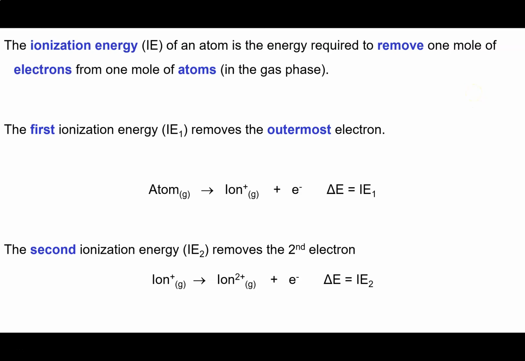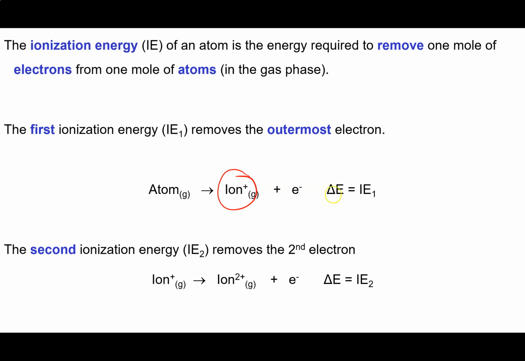And so the ionization energy of an atom is the energy required to remove a mole of electrons from 1 mole of atoms. So the first ionization energy removes the outermost electron from the neutral atom. So you take the atom, remove 1 electron by putting some energy in, and you generate an ion, a positive ion, because we're removing an electron.